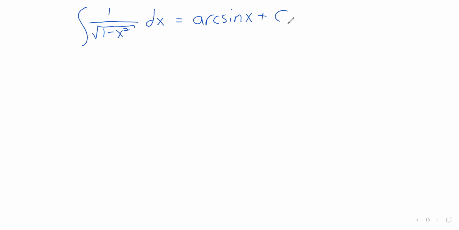So every statement about a derivative is also a statement about an antiderivative. A statement about indefinite integrals. So the indefinite integral of 1 over the square root of 1 minus x squared dx is the arcsine.